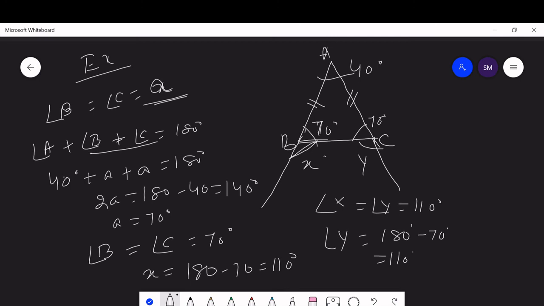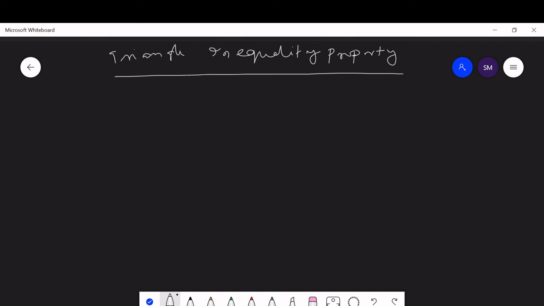Okay. Then let us discuss some more properties of the triangle. Here, the triangle inequality property. The triangle inequality property says that the sum of two sides of a triangle is always greater than the third side. Suppose ABC is a given triangle.